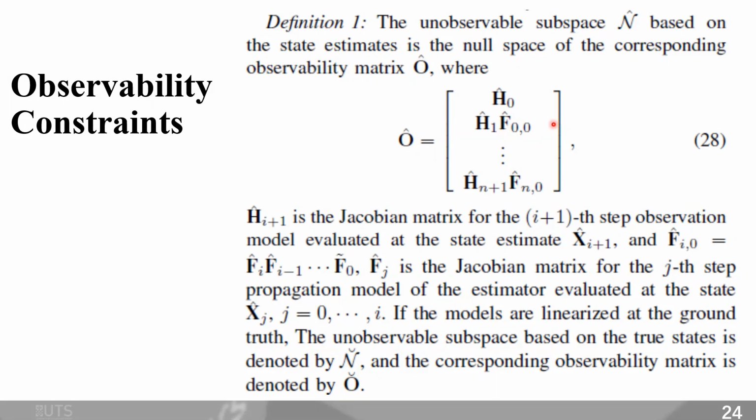The unobservable subspace is denoted as N, and it is the null space of the observability matrix. The notations with hat are based on estimations, and the notations with tilde are based on the ground truth.